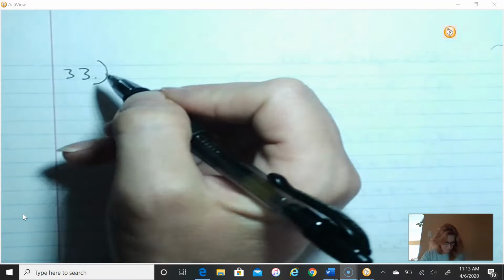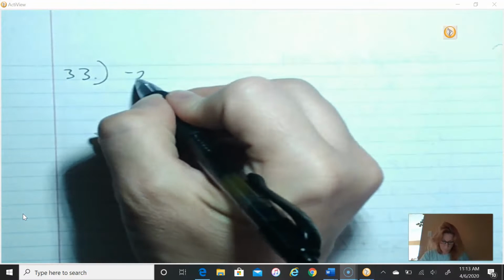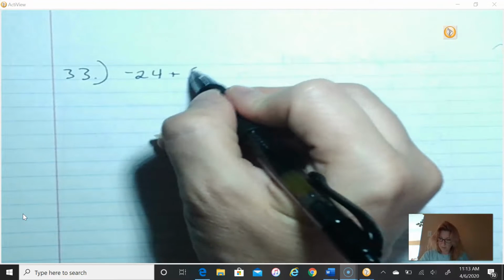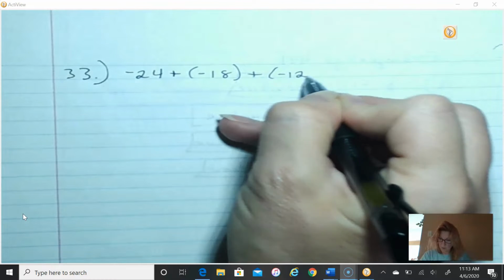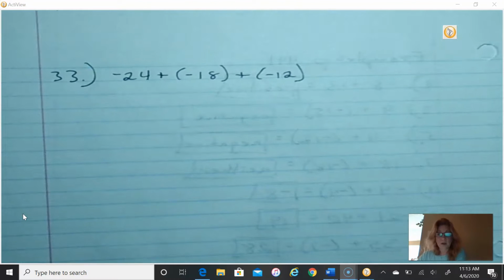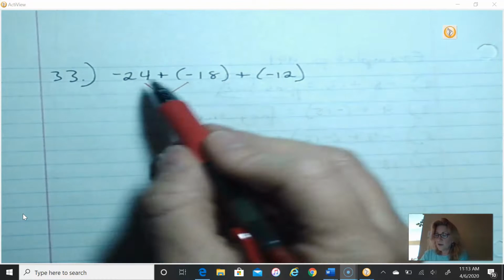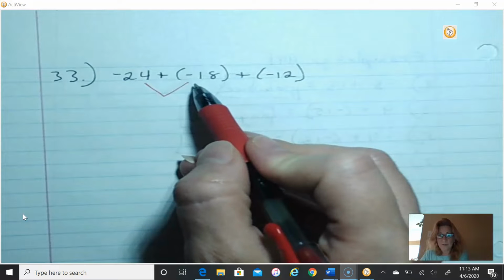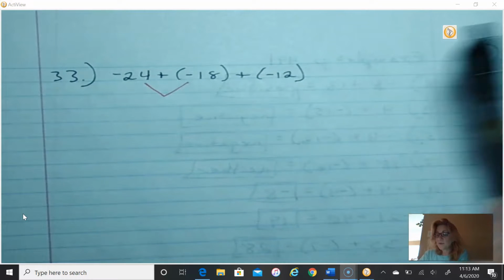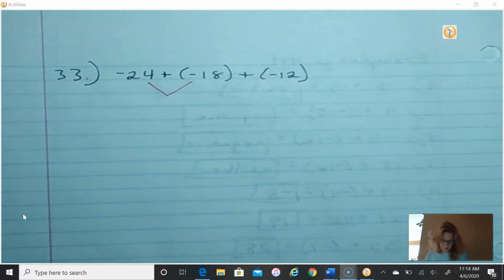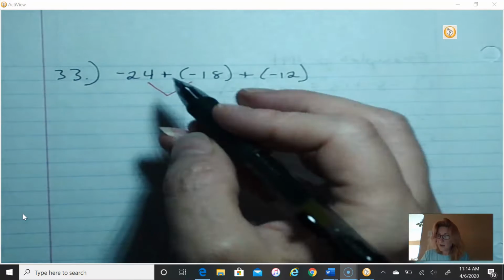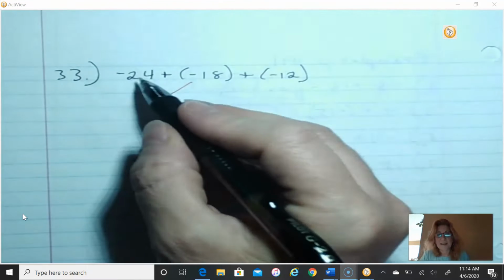33. Negative 24 plus negative 18 plus negative 12. Okay, we work left to right because we're just doing plus and minus, so you don't have to worry about order of operations right now. So right there, that's a negative and that's a negative. So the rule is, if the signs are the same, we add and they keep the sign.